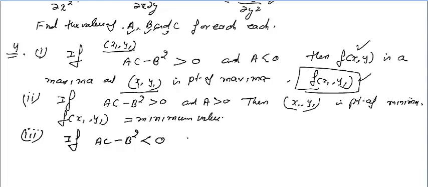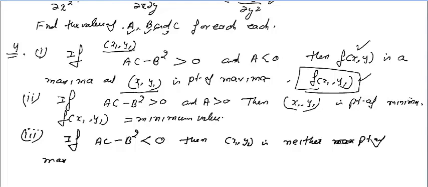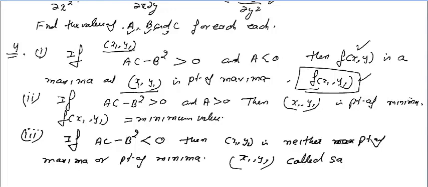Then x1 and y1 is neither a point of maxima nor a point of minima. Correct? And this point x1, y1 is called a saddle point.